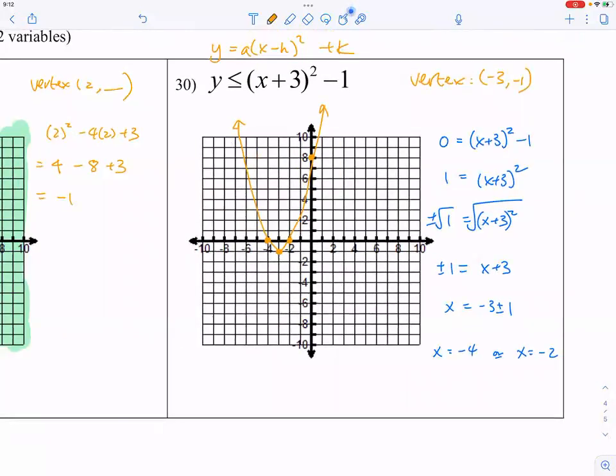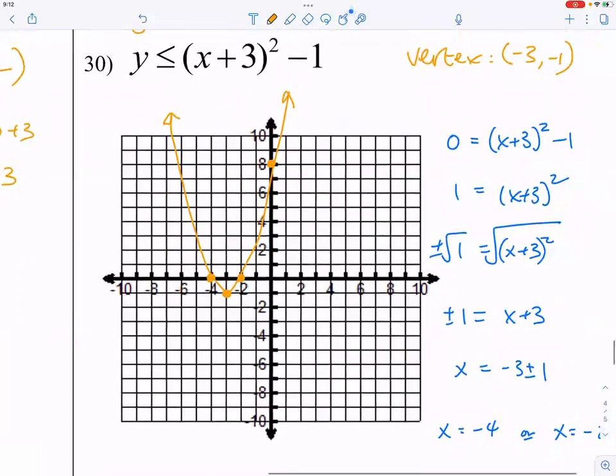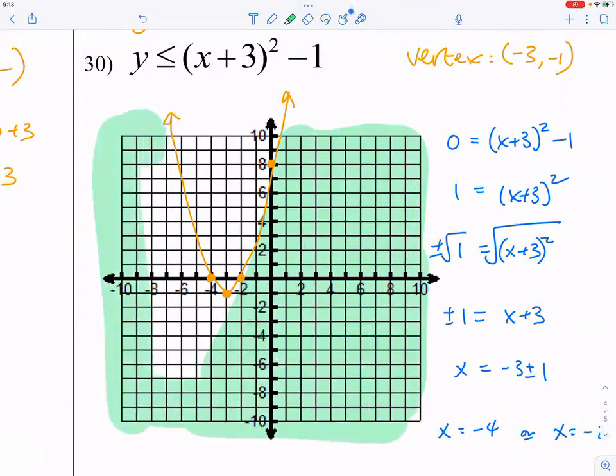That means we will shade the region below. And if it's greater than, then you shade the region above. If y is less than, it's really literal, you just want the values that are less than. Okay.